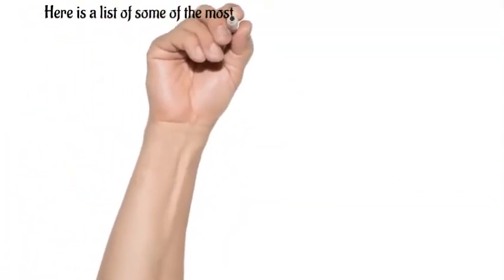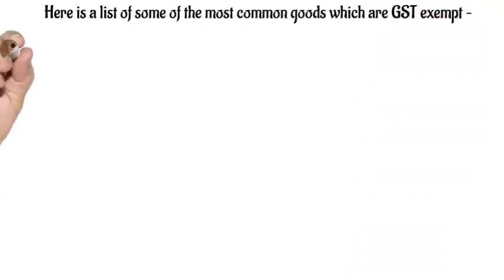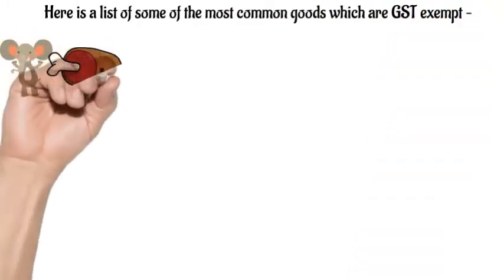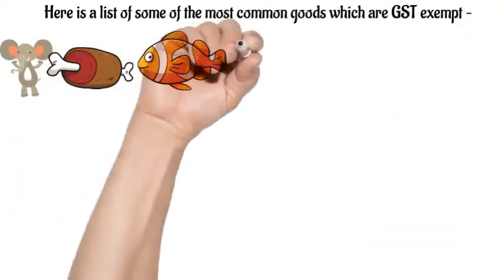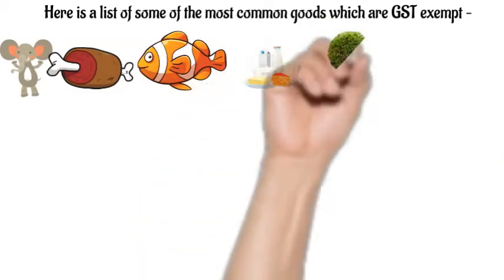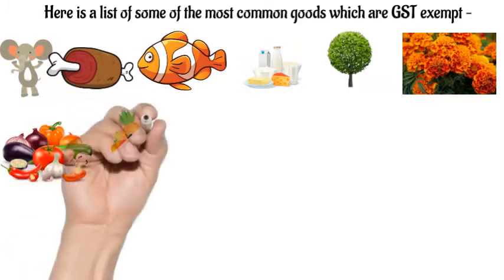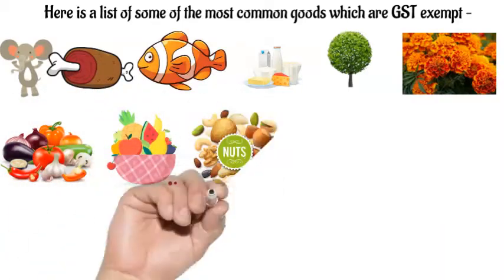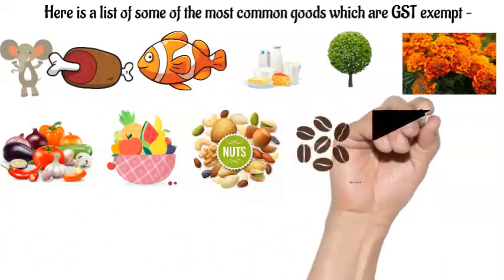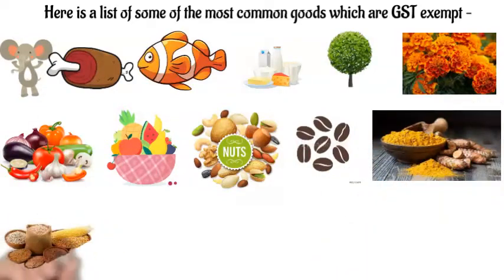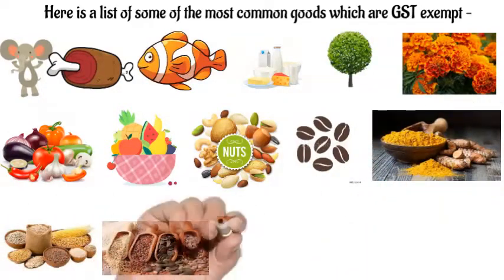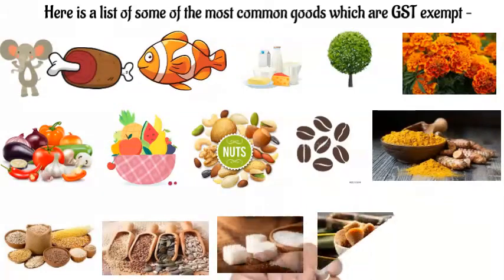Here is the list of some of the most common goods which are GST exempt: live animals, meat, fish, natural products, live trees, plants, vegetables, fruits, dry fruits, tea, coffee and spices, grains, products of milling industry, seeds, sugar, water.